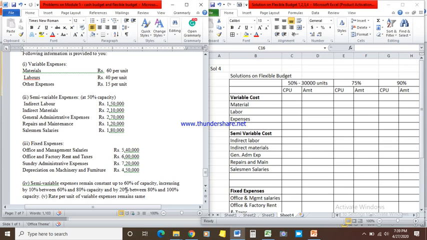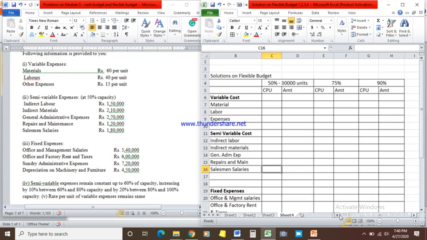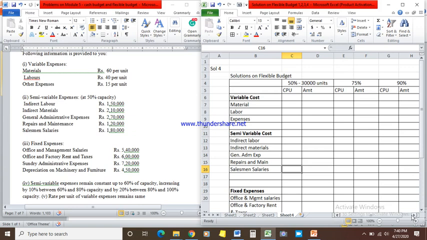And if the production capacity increases from 80% to 100%, then the semi-variable cost is going to increase by 20%. Next, the rate per unit of variable expense remains the same. So the variable expense mentioned here is going to remain the same irrespective of whether it is at 50%, 75% or 90% capacity. Now given these details, how do we prepare a flexible budget? So let's look into the details.